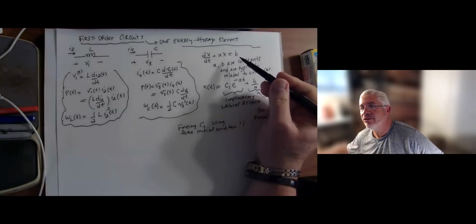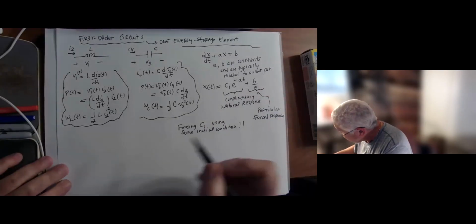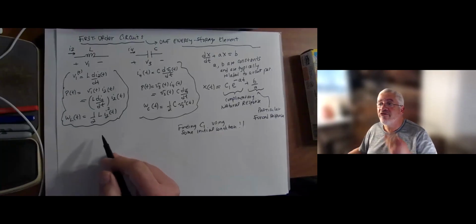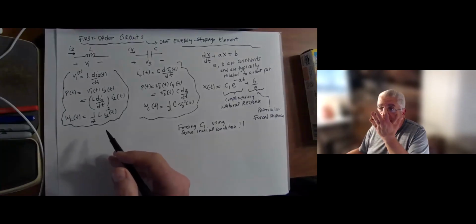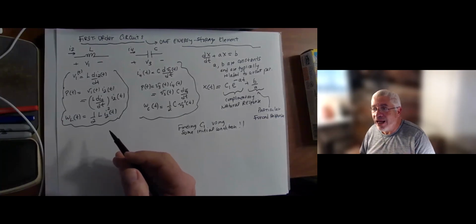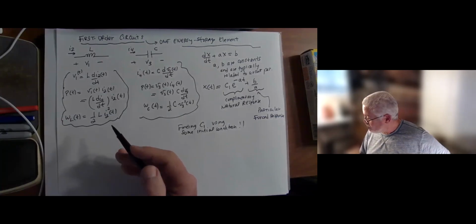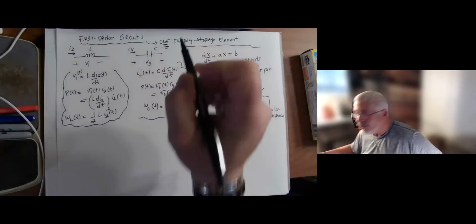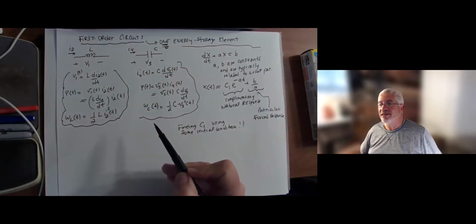That's pretty much the way that I was taught way back when. But in reality, initial conditions come from some real physical meaning. The initial condition for circuits is the initial energy in either the inductor or the capacitor. Remember, we're dealing with first order circuits, so we either have one inductor or one capacitor.